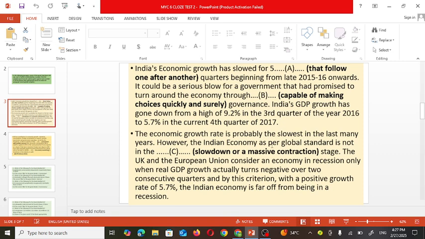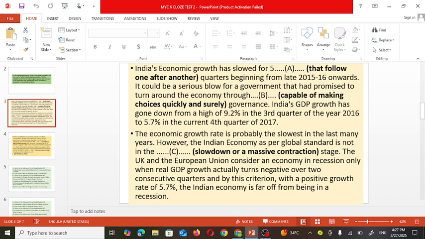However, the Indian economy, as per global standard, is not in dash stage. The UK and the European Union consider an economy in recession only when real GDP growth actually turns negative over two consecutive quarters.